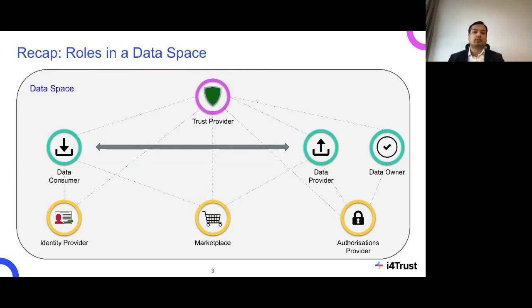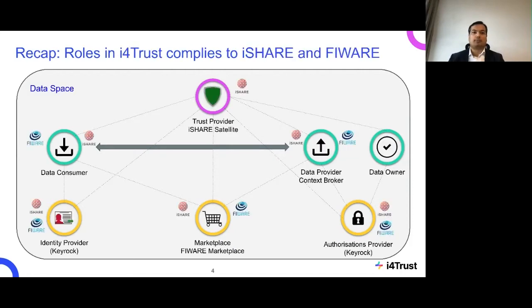And on the bottom you see the service providers, which are the key service providers that enable data exchange in any data space, right? And of course, in Trust, those components are already available for you to implement and use, and make them fit in a solution based on the use case.